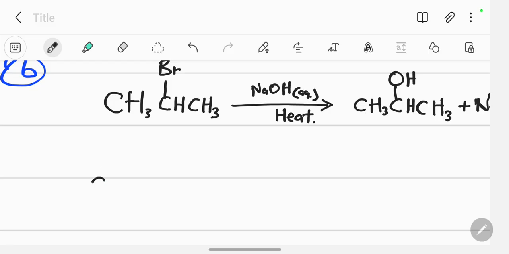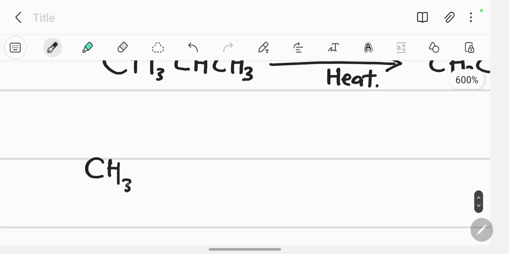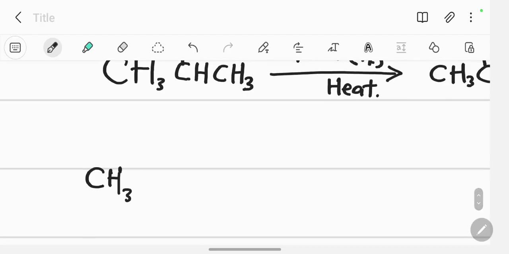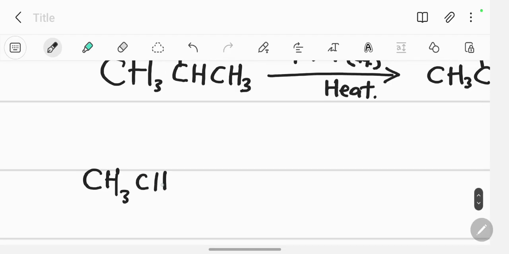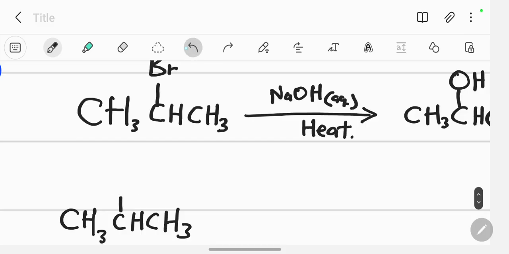This is the reason. In this mechanism, we have CH3, CH3, and OH there, and Br.